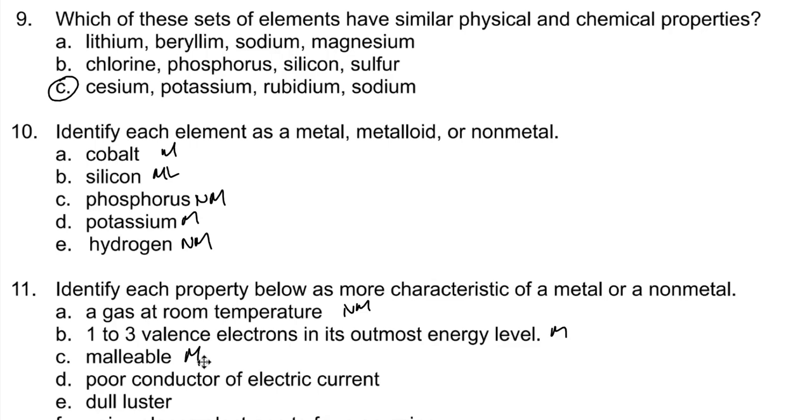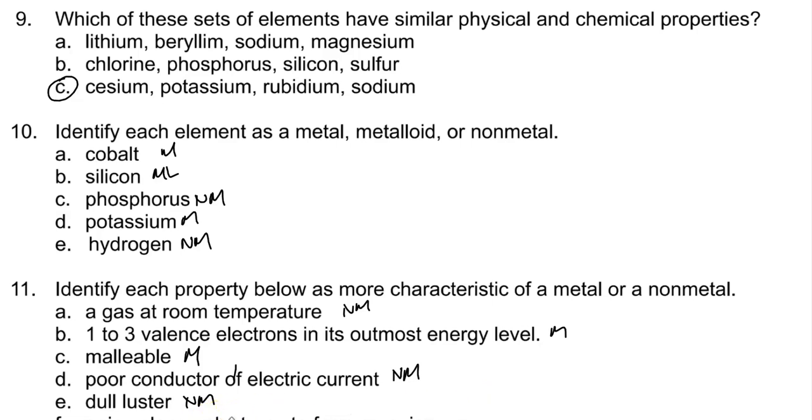A poor conductor of heat and electricity. Well, it just talks about electricity, but heat also. That is characteristic of nonmetals. Dull. Dull means not shiny. Lustrous means shiny and reflective, but if it's dull, that is indicative of a nonmetal. And then we have one more here.